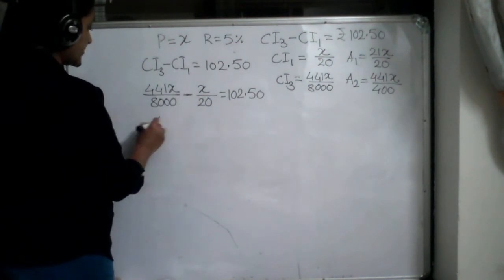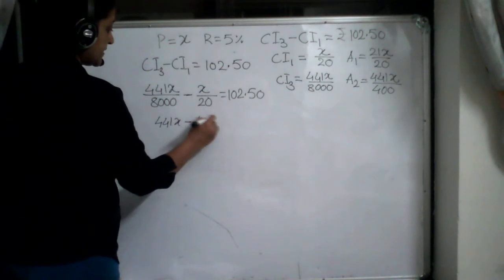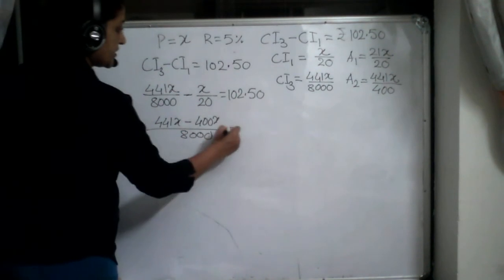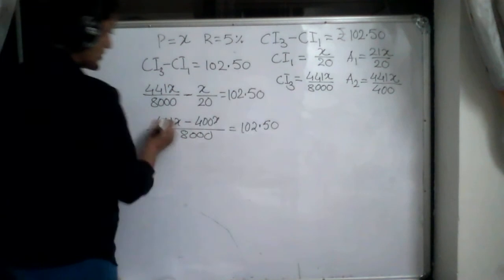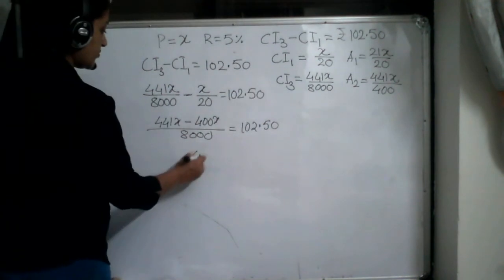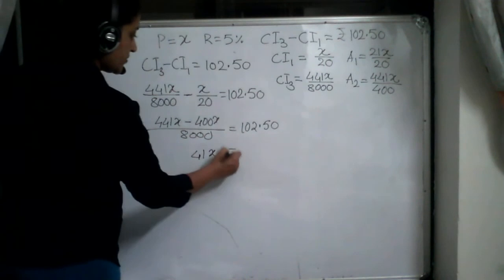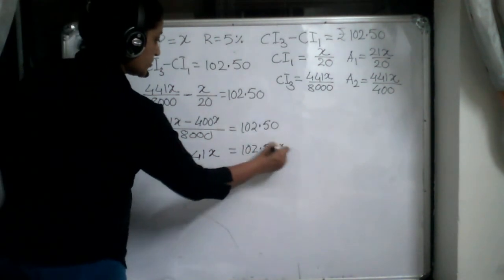So what will happen? 441x minus 400x whole divided by 8000 would be equal to 102.50. Now how much remains from here? 41x. 441 minus 400 would be equal to 102.50 into 8000.